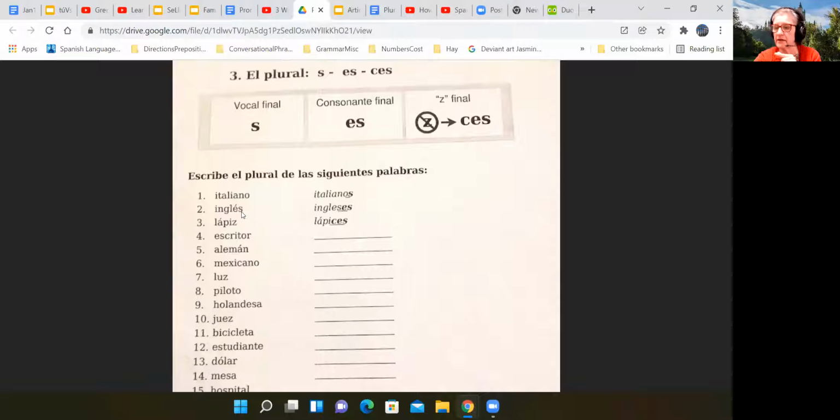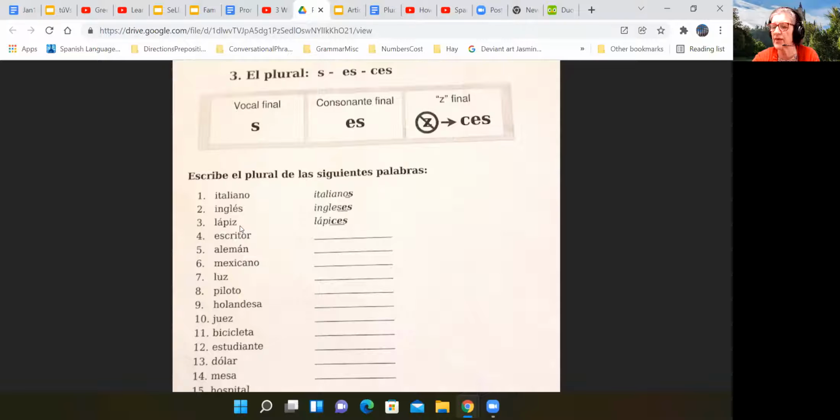S is a consonant, okay? Ingleses. And then we've got this little tiny corollary, but it will only happen maybe 5% of the time or less. If that last consonant is a Z, we change the Z into a C first, and then we add the ES. But that doesn't happen a lot.